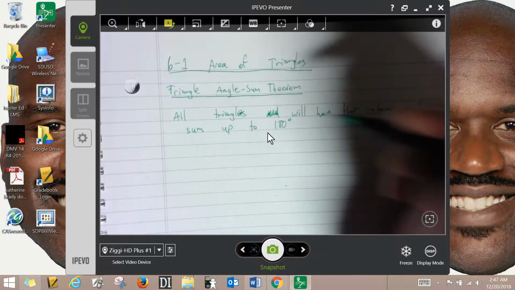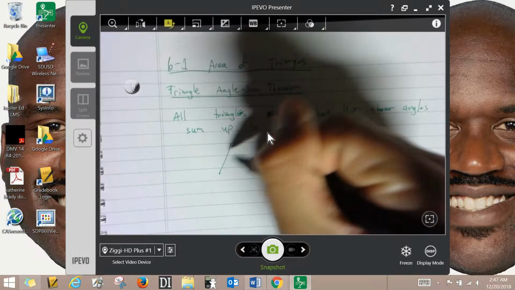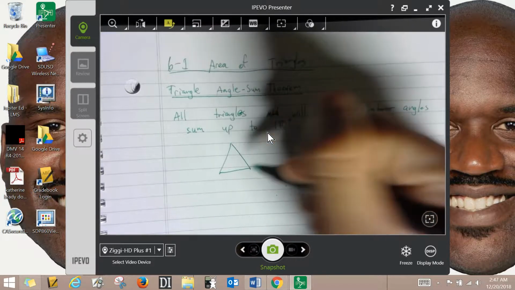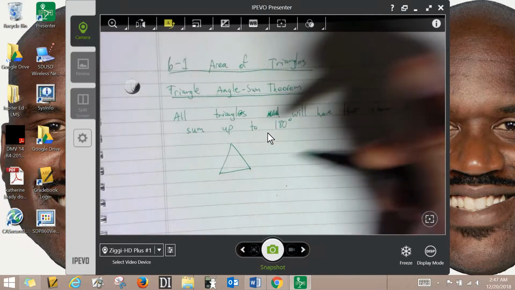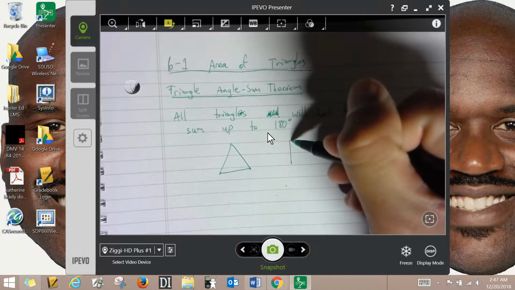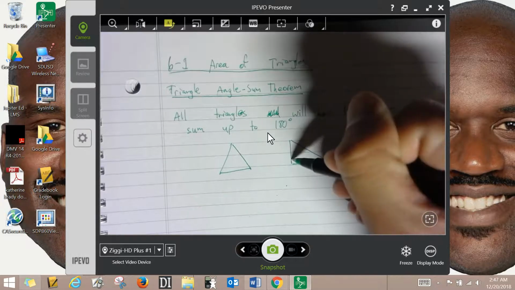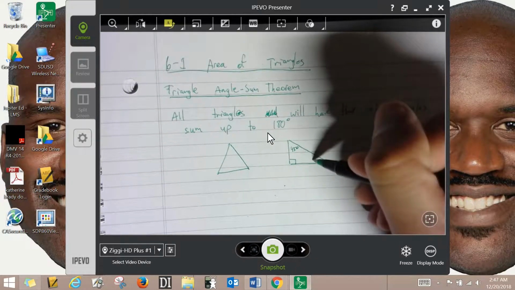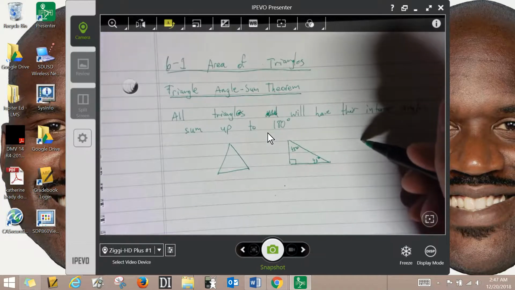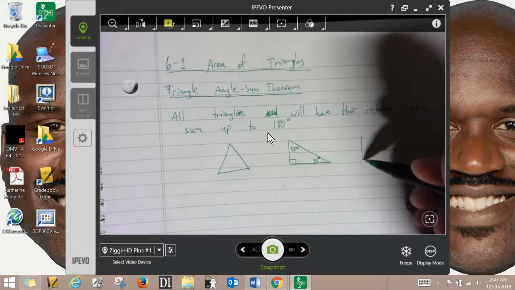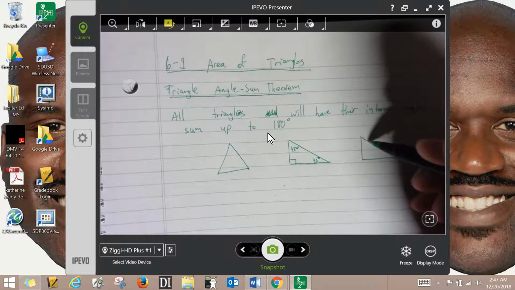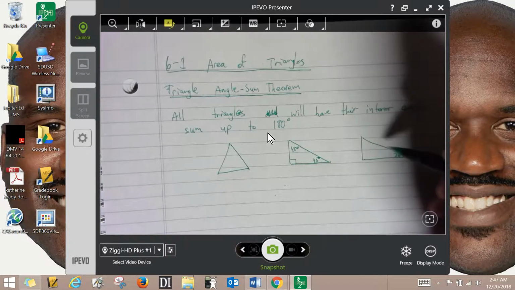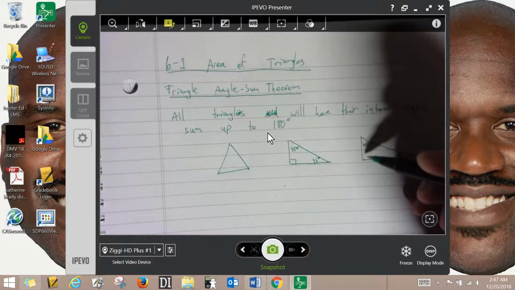So you can draw any triangle you want. Like that was my attempt at doing an equilateral triangle. You can do a right triangle, which is 45 degrees on both of those sides, or you can have, let me draw this a little bit steeper, a 30, 60, 90 triangle.